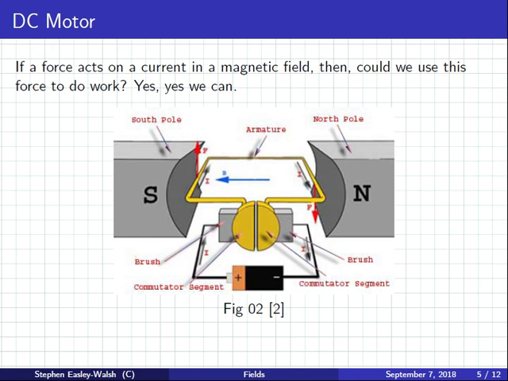This is made out of carbon. This is called the commutator segment, this piece here. This is the carbon brush. North and south. This is the armature. And I'm sorry, but you need to draw this. Yeah, you have to draw it.